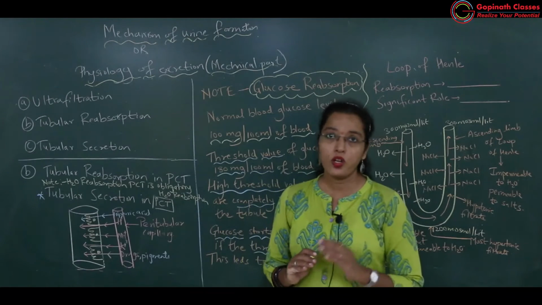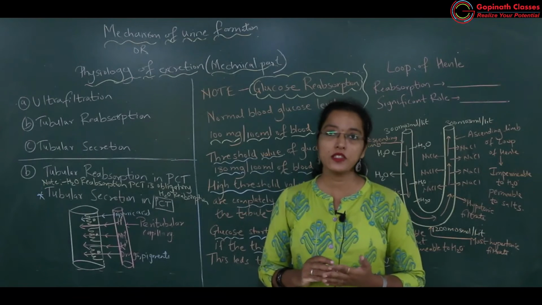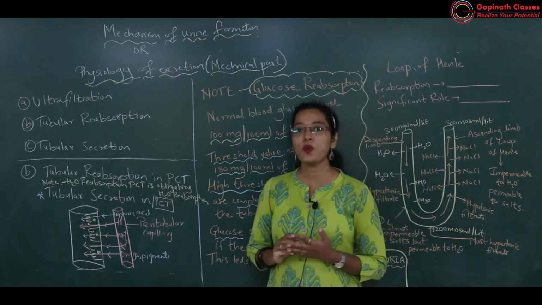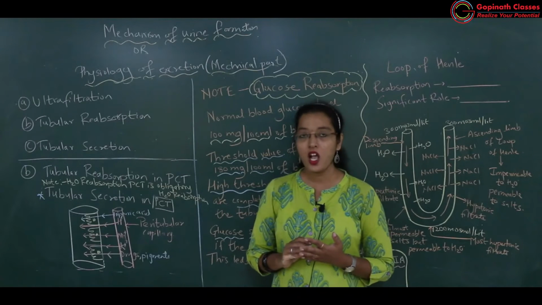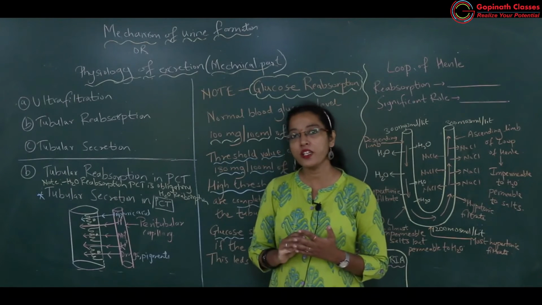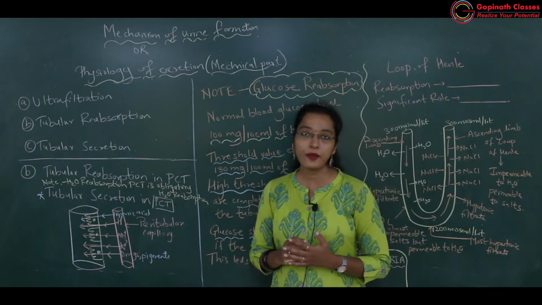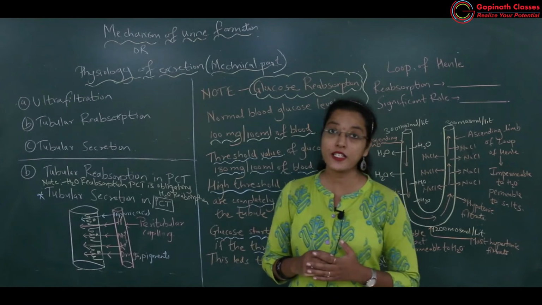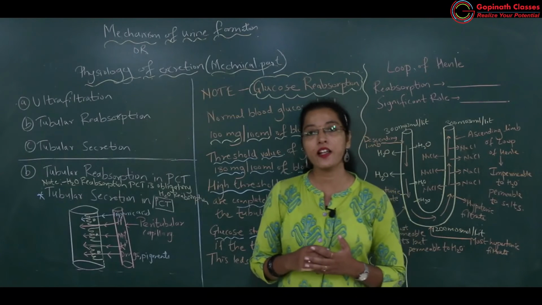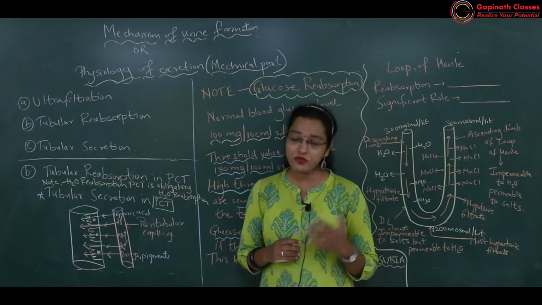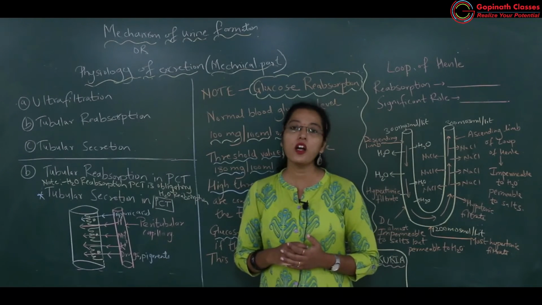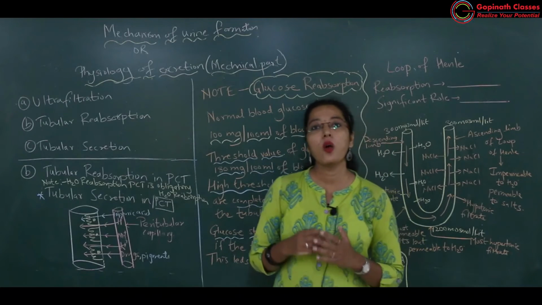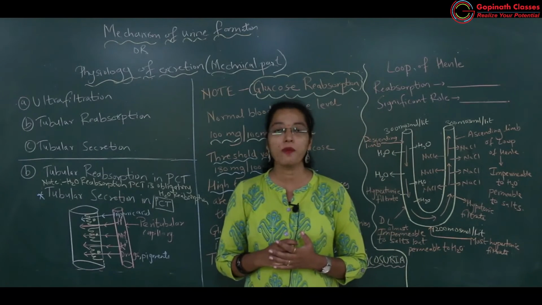Okay, so we have studied which all substances are reabsorbed from the PCT. High threshold substances as well as low threshold substances. Which high threshold substances did we learn that are reabsorbed from the PCT? Glucose, amino acids, hormones, ascorbic acid, sodium ions, calcium ions, okay, chloride ions, all these are the high threshold substances, sorry, which are very much important for our body.